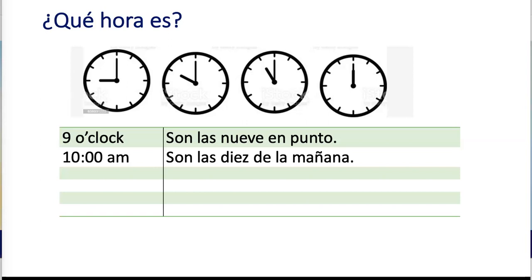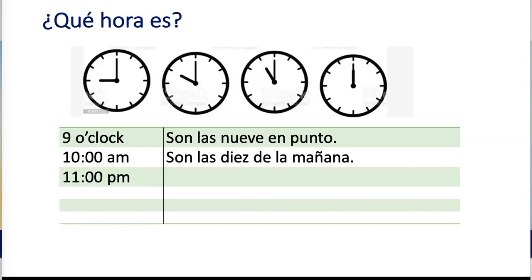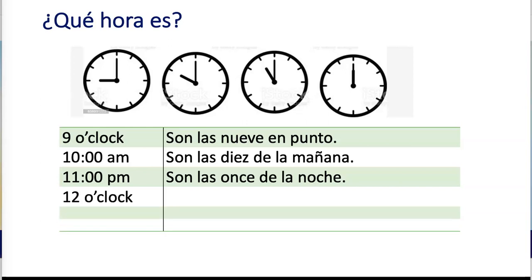The third clock in English, let's say 11 p.m. How would you say that in Spanish? Son las 11 de la noche. The last clock, let's say it's 12 o'clock. How would we say that?